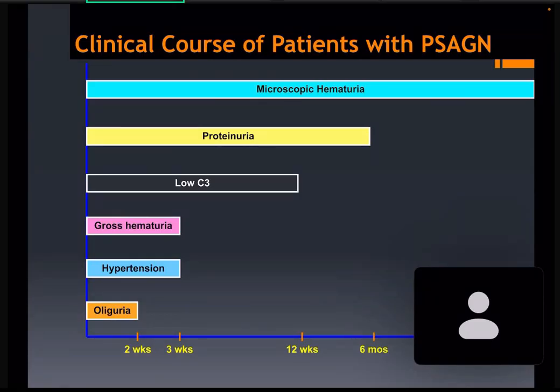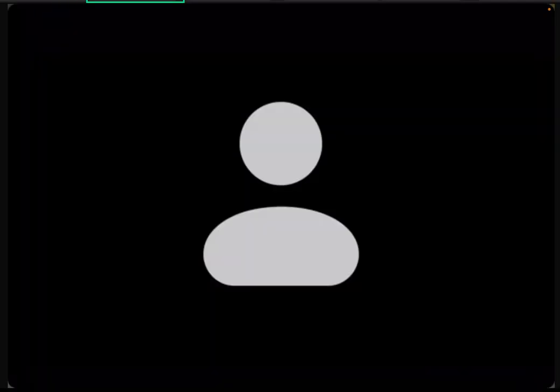The hypertension can last around 3 weeks. The gross hematuria is the same as the hypertension. That's why the patient will stay in the hospital at this time if there is still hypertension or hematuria. The low C3 level lasts up to 12 weeks, and the proteinuria can even go beyond 6 months.